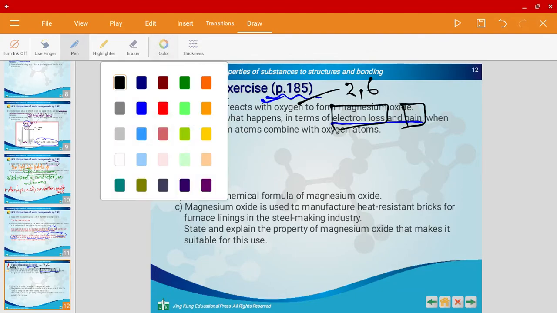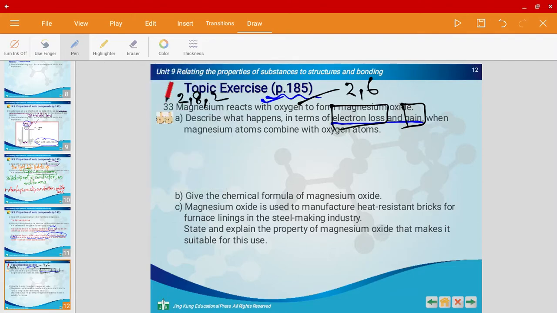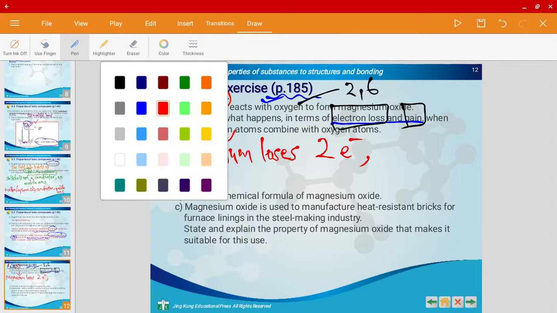So for magnesium, in order to achieve a stable electronic arrangement, it would need to lose 2 electrons, right? Two electrons. How about for oxygen? How can it be stable?